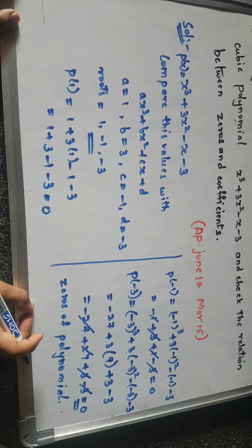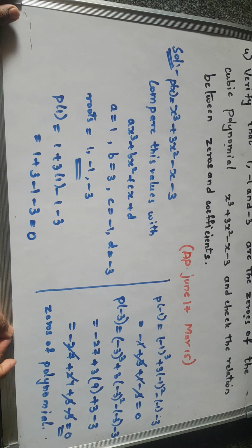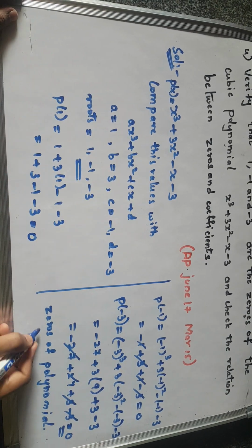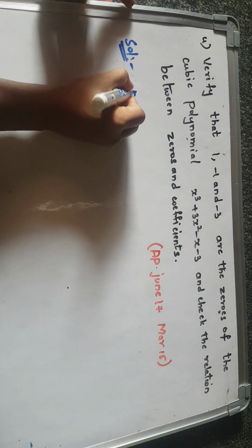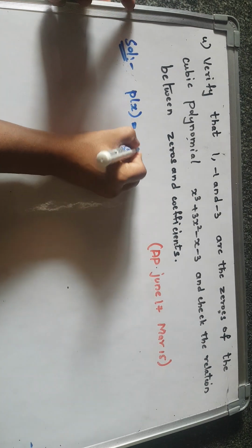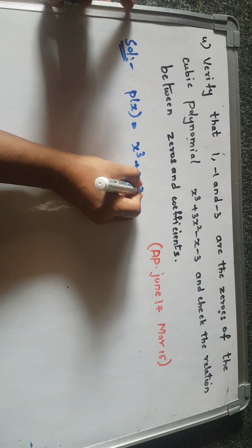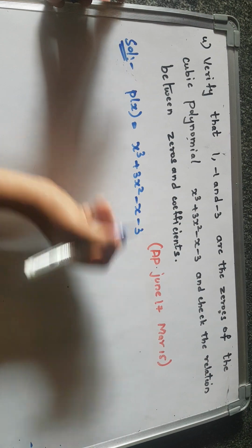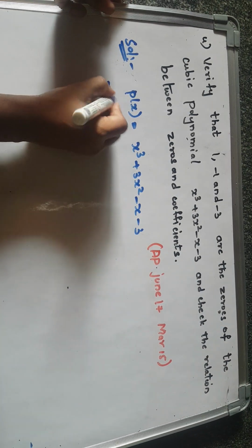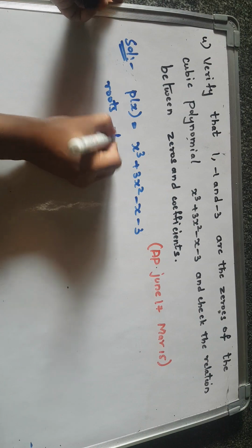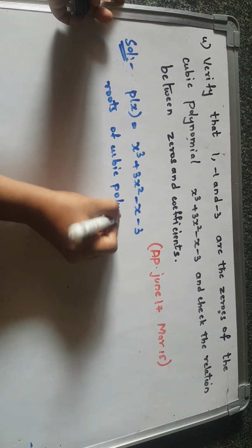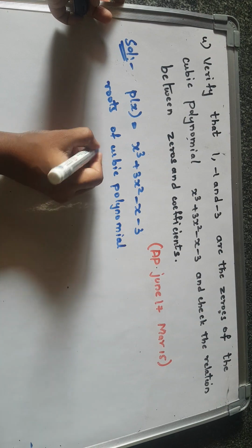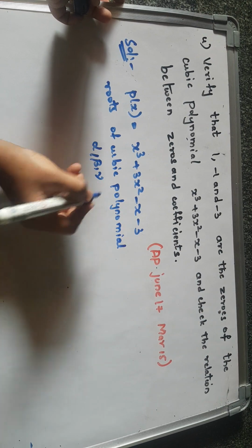Now can we write another equation by taking the roots? What is the polynomial given? p of x equals x cube plus 3x square minus x minus 3. Roots of a cubic polynomial will be alpha, beta and gamma.